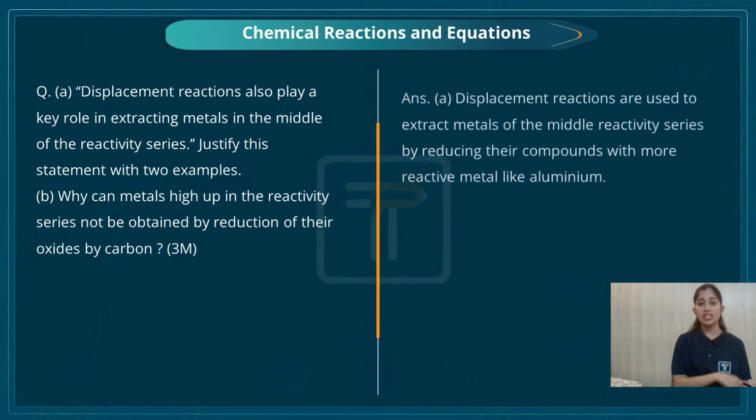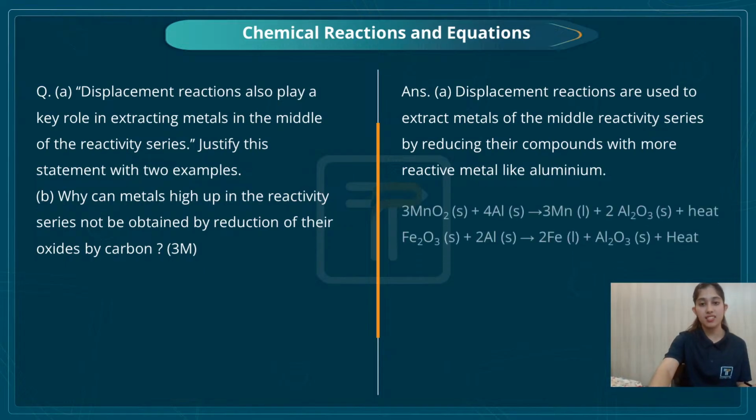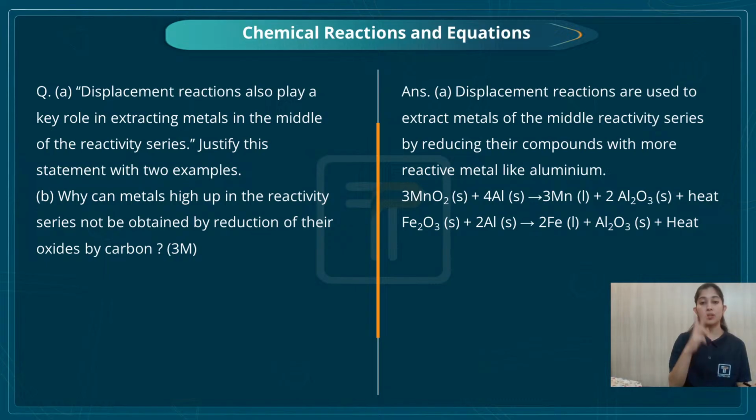Displacement reactions are used to extract metals in the middle of the reactivity series by reducing their compounds with a more reactive metal like aluminium. Let's take an example. Manganese oxide when reacting with aluminium, what will it give you? It will give you manganese, and aluminium is going to form its oxide.